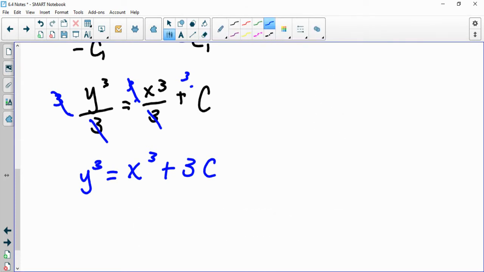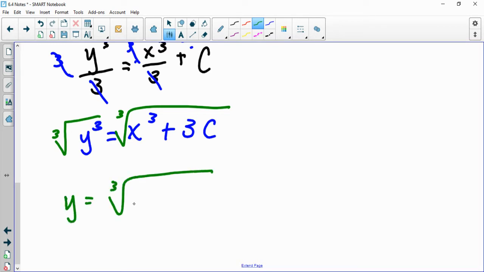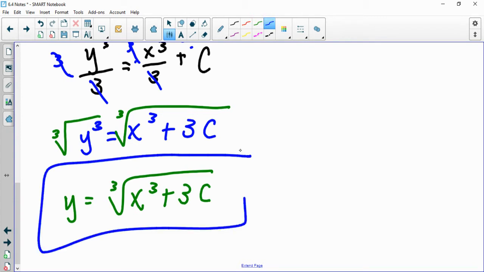And then I need to do a cube root, because that is how you undo a cube. So we need to cube root both sides. So we got y equals the cube root of x cubed plus 3c. You solved for y. Done. The end. Good job. Put a box around it. Great. Done. Okay, so we solved for y.